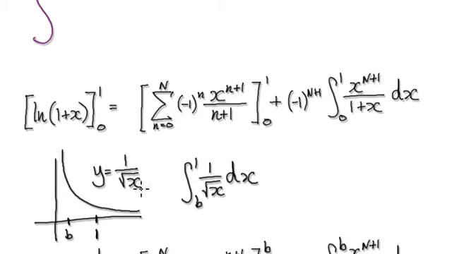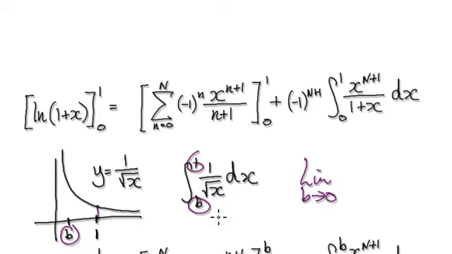Well, remember when we were doing this, let's say you've got a graph of 1 over square root of x. Back in our section on improper integrals, we would integrate it from b to 1, and then later take the limit as b heads towards 0.